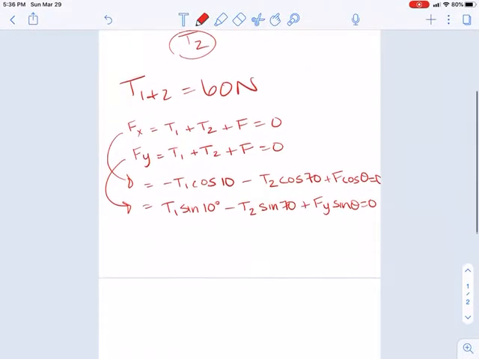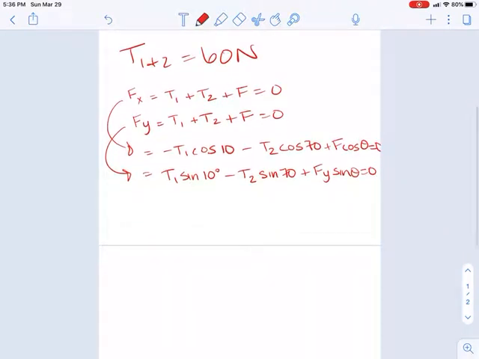Okay, now I'm going to scroll down here. So now if we set these up to where we're solving for the forces here, we've got force cosine theta, and I'm going to move stuff around. I'm going to move this tension and this tension over to the other side. So tension 1 cosine 10 degrees becomes positive because I moved it over, plus tension 2 cosine 70.